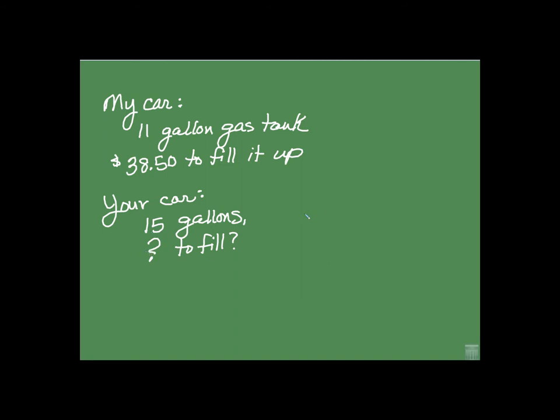Well, this is a proportion, and we'll set it up like this. It doesn't really matter, we could do it either way, but we're going to put dollars over gallons, dollars per gallon.